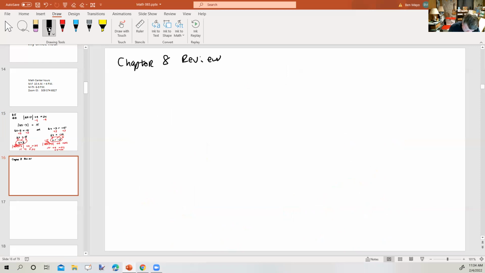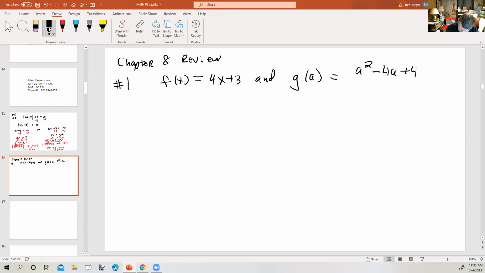And this is problem number 1. It says, let f of x equal 4x plus 3 and g of a equal a squared minus 4a plus 4 all over 7. And then we are to find the function value g of 9.